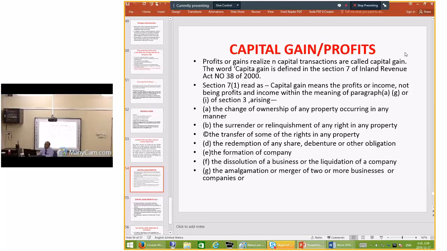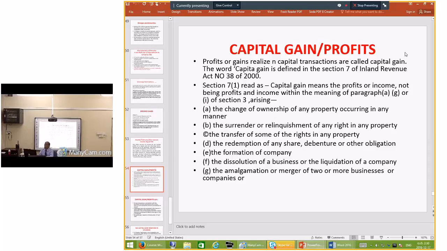If someone is interested in reading the section of Inland Revenue Act No. 30 of 2000, they can find section 3, which has capital gain as a source of income, section 3I. The term capital gain is comprehensively described in section 7. These are the transactions: change of ownership of any property occurring in any manner, the surrender or relinquishment of any right in any property.